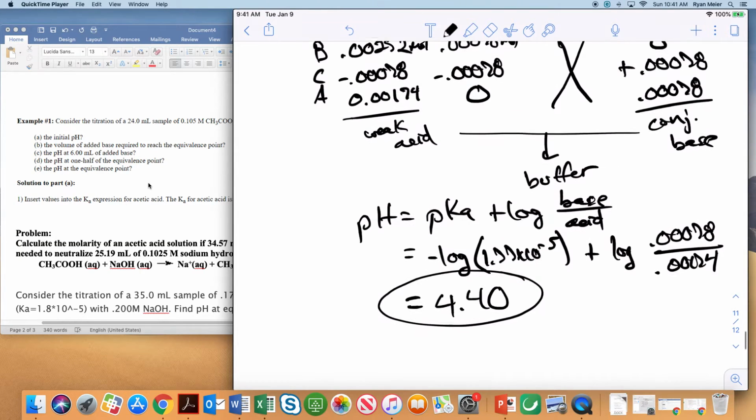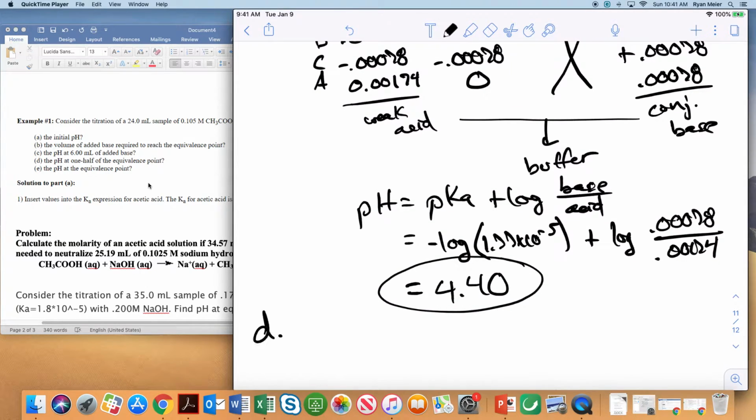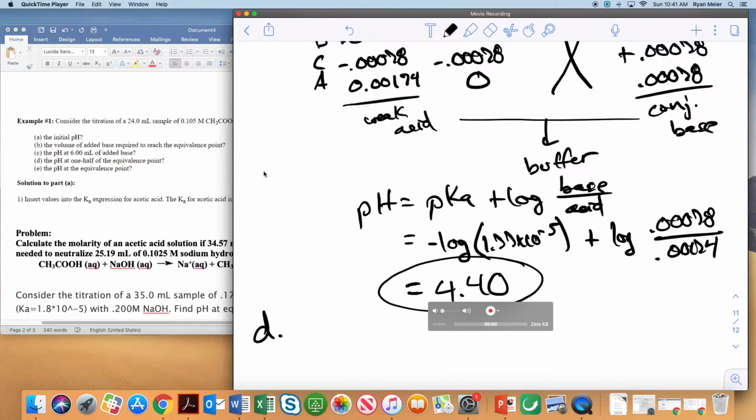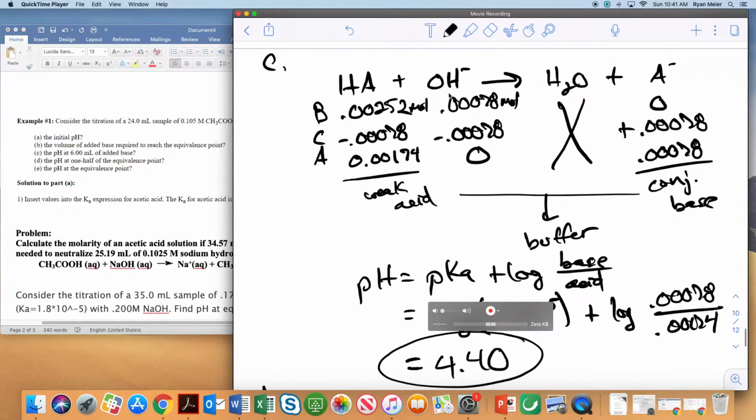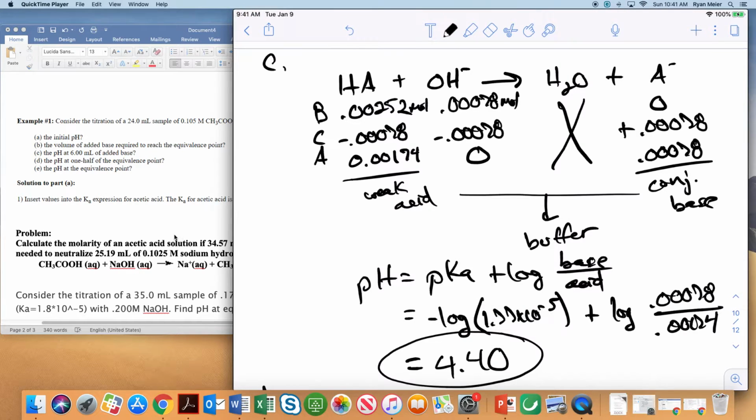Now for part D, it asked what is the pH halfway to the equivalence point. Turns out this part's really, really easy, right? Because if I'm halfway to the equivalence point, from a theory standpoint, my moles of hydroxide are half this amount, which means at the end of my BCA table, the amounts of my HA and A minus should be the same. Which means if I use the Henderson-Hasselbalch equation, if the base and acid amounts are the same, this ratio is 1, the log of 1 is 0, that means pH just equals pKa.